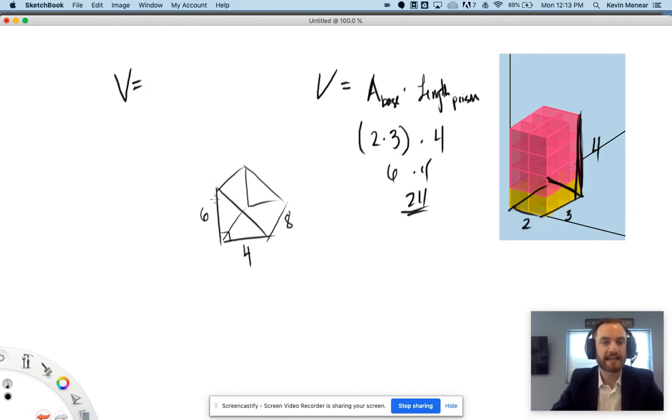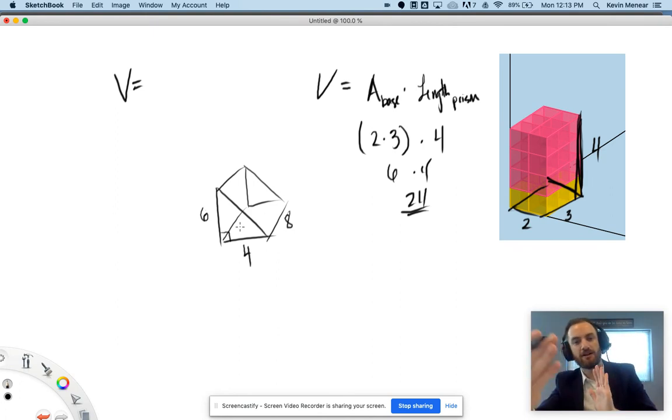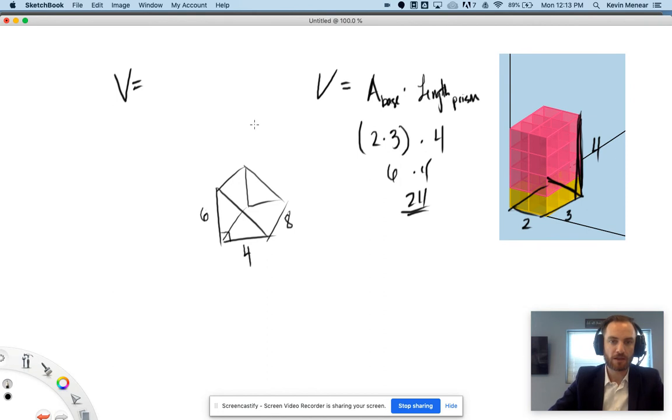Well, in this case, what's the base of the prism? The base of the prism is the face that is extended or extruded out in 3 dimensions. So I've got a triangular prism here. The base is that triangle, and the top of it is the other triangle on the other side of the prism. So what's the area of the base? Well, remember our formula for the area of triangles? It's 1/2 times the base, which is 4, times the height, which is 6.